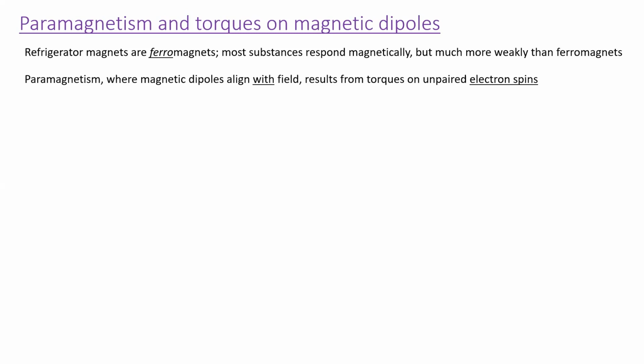So paramagnetism is where magnetic moments align with the field, and it results from torques on unpaired electron spins. You may remember from modern physics, or perhaps in quantum mechanics, if you're taking it, that electrons have this property called spin, and associated with the spin is a magnetic moment.